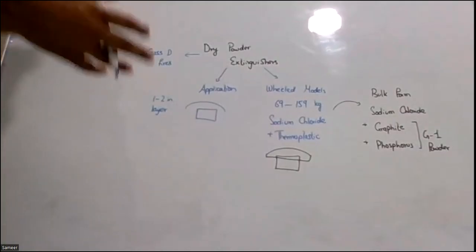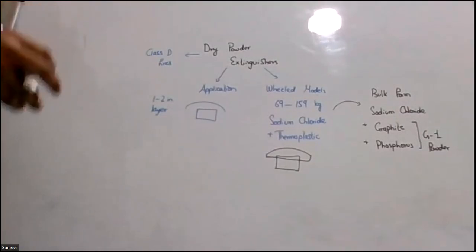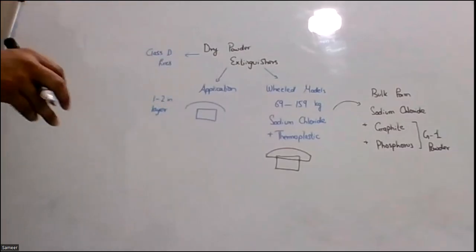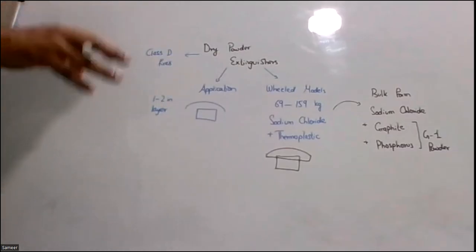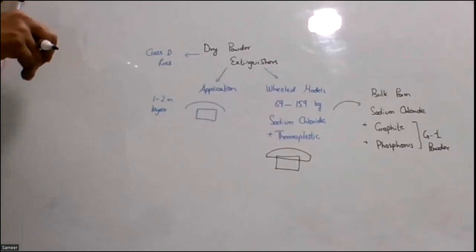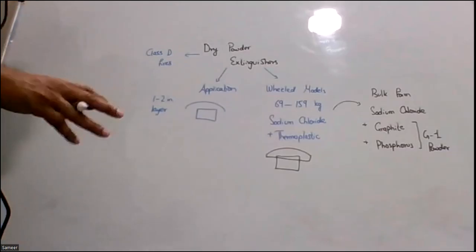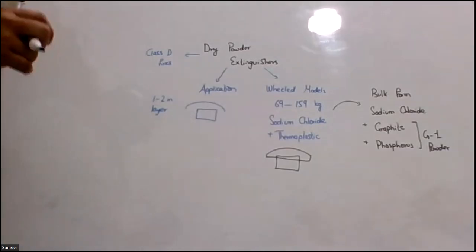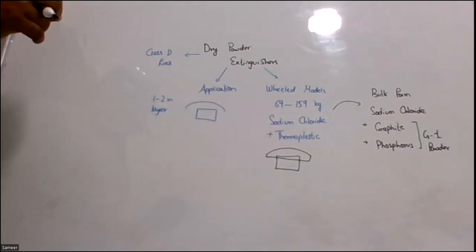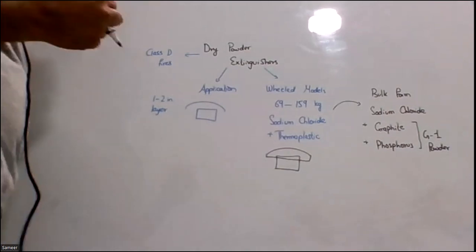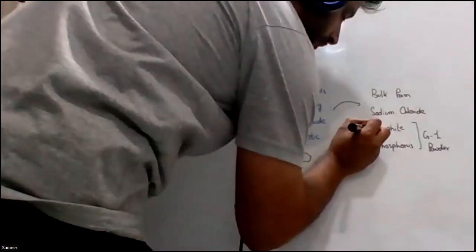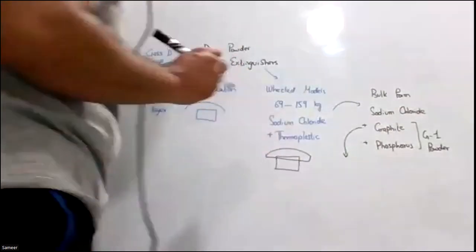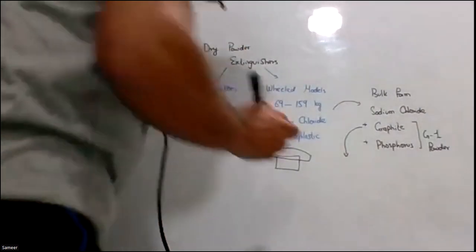Bulk form means more and more quantity, so for much higher temperatures we can use this formation. Sodium chloride plus G1 powder we can use very effectively on fires. Each has its own properties. Graphite is a very good conductor of heat. It cools the metal and absorbs heat very quickly.